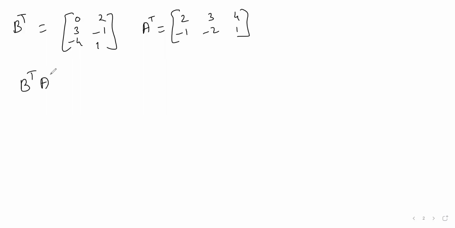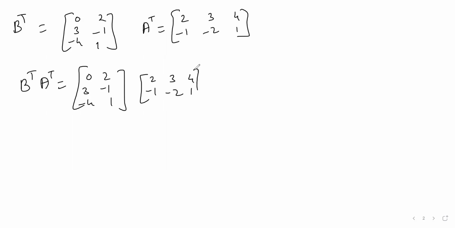So B transpose into A transpose is 0, 2, 3, minus 1, minus 4, 1 into 2, minus 1, 3, minus 2, 4, 1. So we will multiply this, B transpose into A transpose.